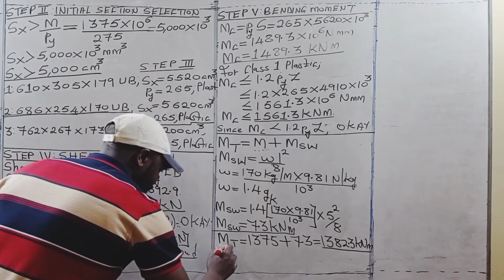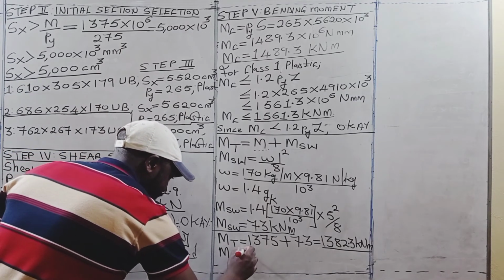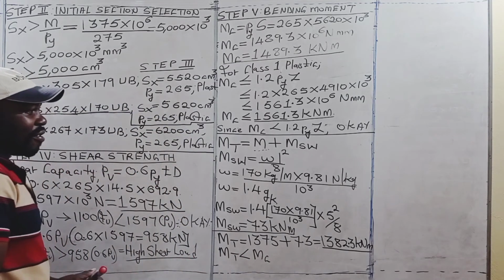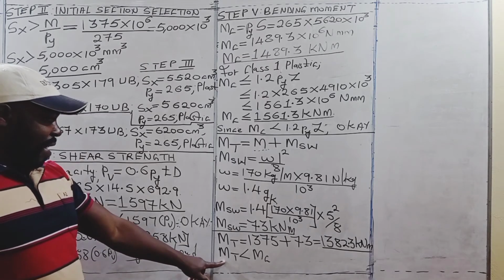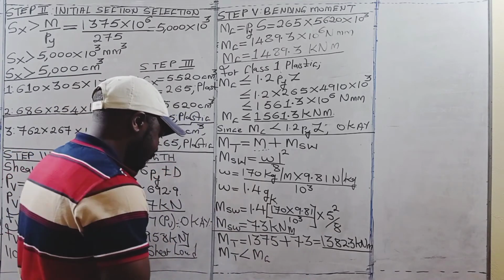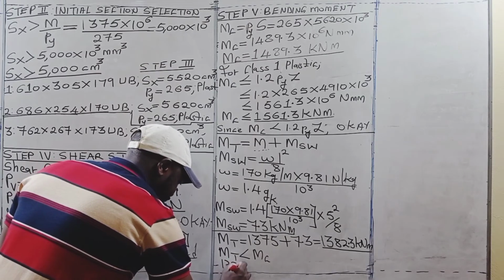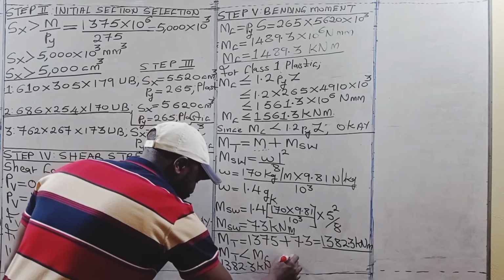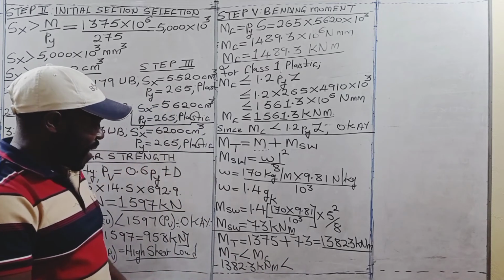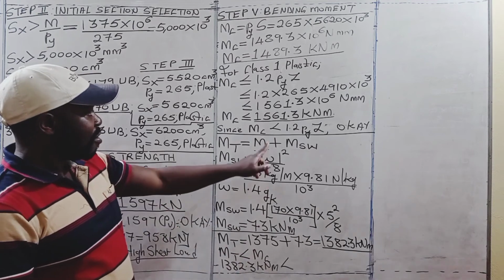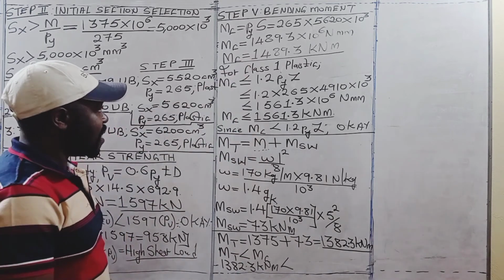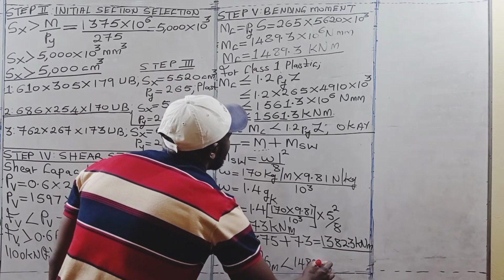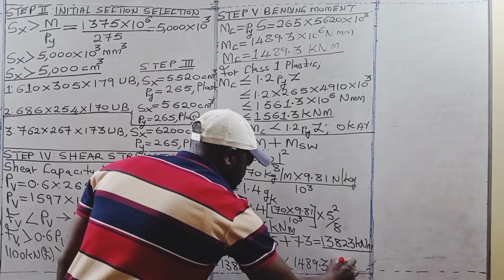And the total moment of the beam should be less than the moment capacity of the beam. Since total moment is 1382.3 kilonewton meter, we find that it is actually less than the moment capacity of this beam, which is 1489.3 kilonewton meter.